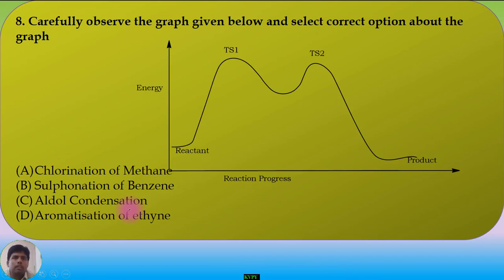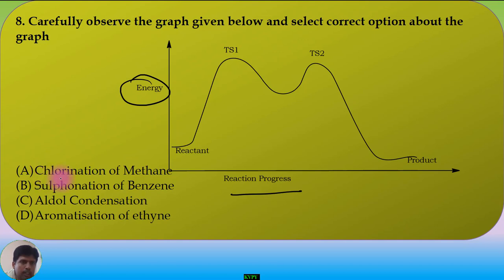Carefully observe the graph given below and select correct options about the graph. So this graph is energy versus reaction progress. So it's based on the reaction mechanisms. Chlorination of methane.